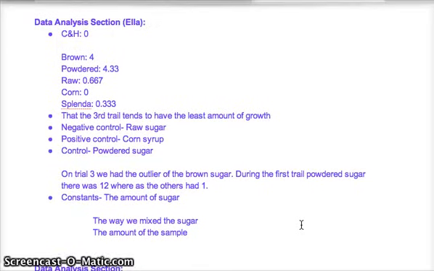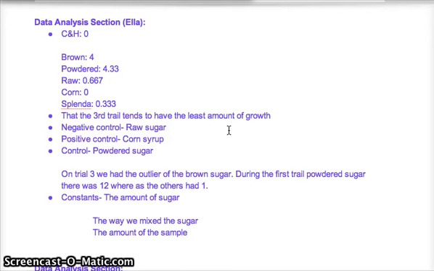Okay, so here's our data analysis section. So we kind of summarized basically all the data we collected. So CNH had 0, brown had 4, powdered had 4.33, raw had 0.667, corn had 0, Splenda had 0.333. And the third trial tends to have the least amount of growth that we have.